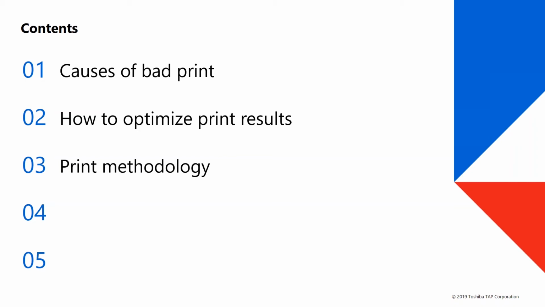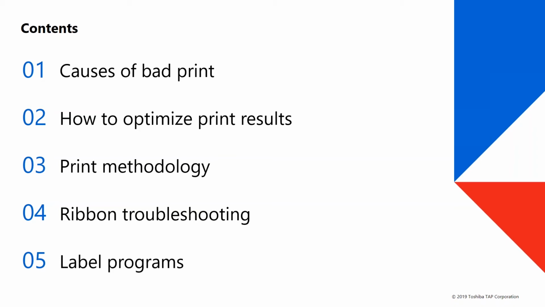Laser or inkjet methodologies will be a different webinar, not provided by Toshiba. We'll also be looking at how to resolve ribbon issues if you are using thermal transfer or the ink consumables in your printing process. And finally, the benefits of using software when it comes to optimizing print and preventing print issues.